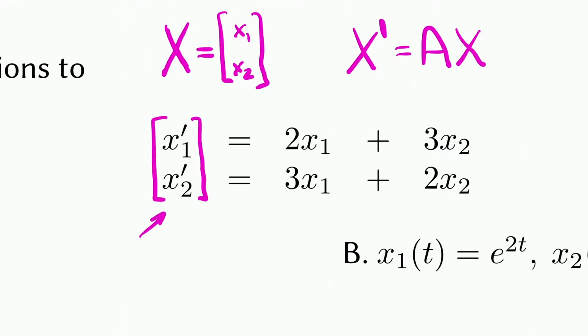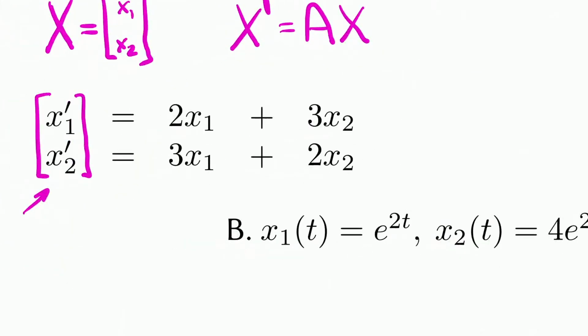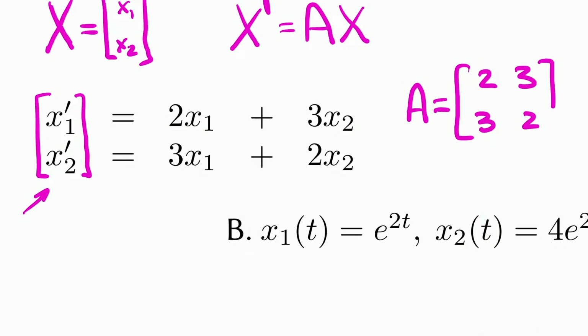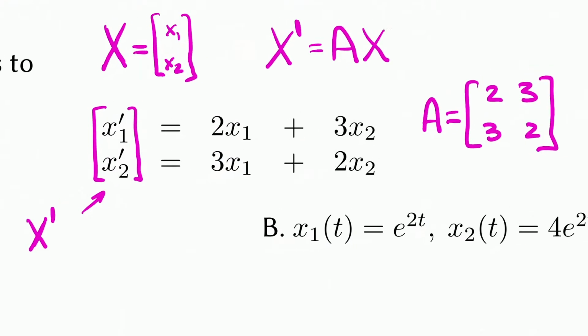The A matrix is the coefficients: A is this stuff, 2, 3, 3, 2. And then big capital X, of course, is just that vector that represents the solutions.